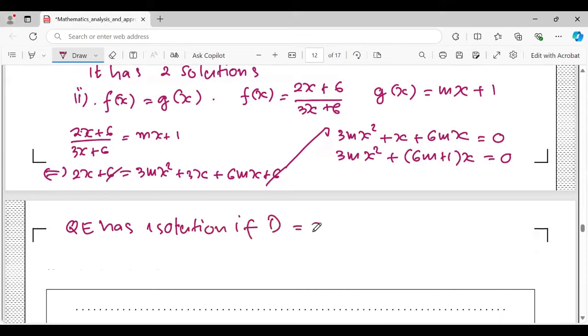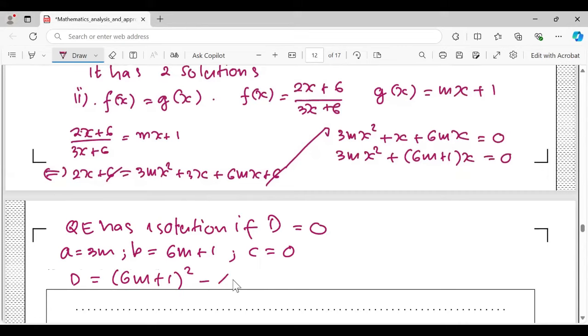if discriminant equals 0. So a equals 3m, b equals 6m plus 1 and c equals 0. The discriminant should equal 0: (6m plus 1) squared minus 4 times 3m times 0 equals 0, because one solution.